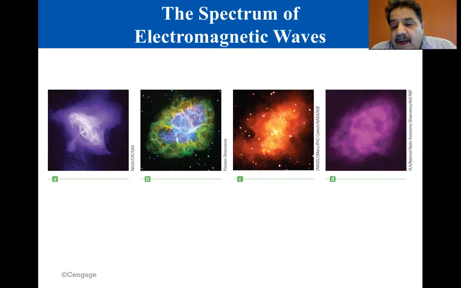So from left to right, these are observations of different parts of the electromagnetic spectrum. They show different features of the Crab Nebula. A is an X-ray image, B is the optical image, C is the infrared image, and D is the radio image.